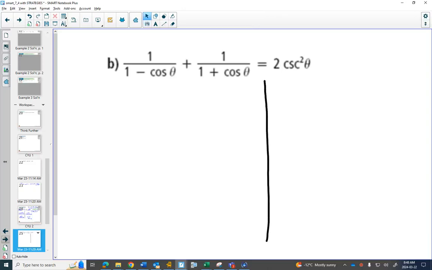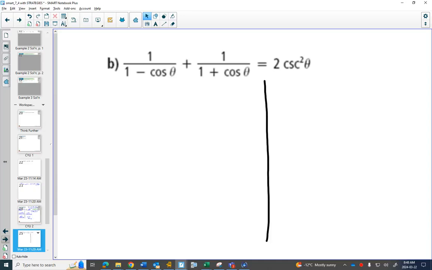Right? Format-wise, we always start by rewriting what we want to prove and then drawing a line at our equal sign. Okay. I see cosecant squared. I take a look at my proof before I start, because just getting an overall picture of which strategy I may want to try or not want to try is important, because some strategies will be fast to prove and some slow.